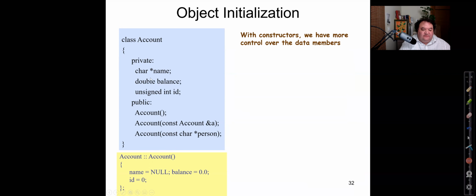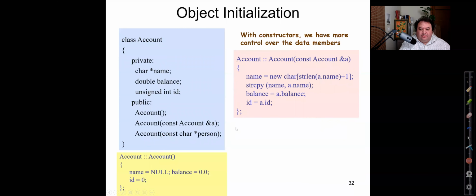So instead of running the risk of having uninitialized elements, like for example the pointer and so on, even if the account is empty, one can initialize the values to be null, 0 balance, and 0 ID, for example. And so we always guarantee that the variable of type account is in a proper state.